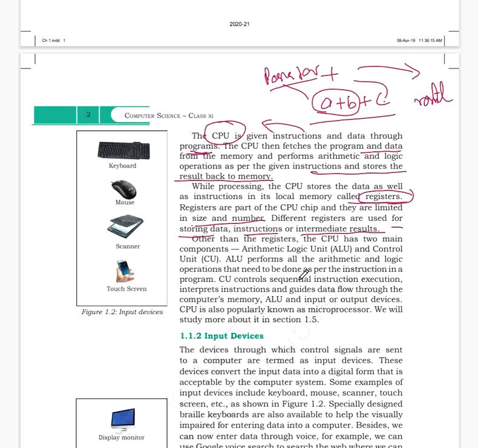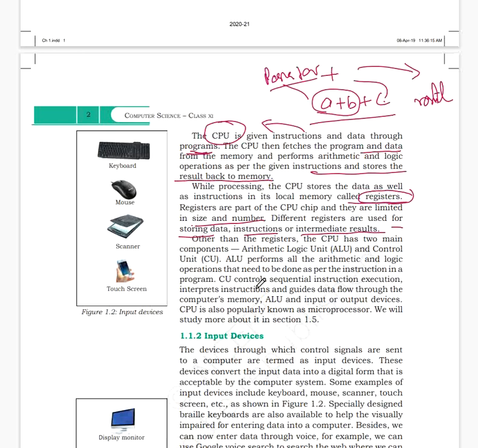Other than the registers, the CPU has two main components: the arithmetic logic unit and the control unit. The ALU performs all the arithmetic and logic operations, as its name says. It is dedicated to performing all the arithmetic and logic operations that need to be done as per the instructions in a program.